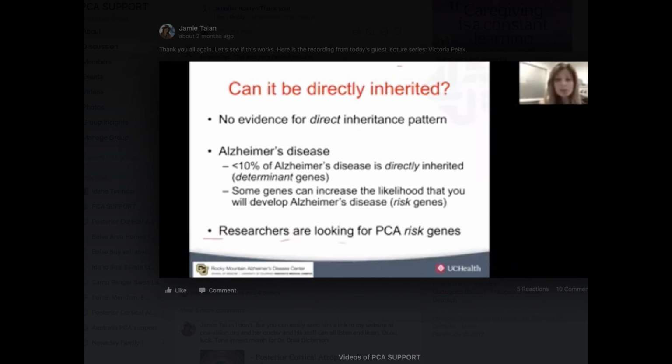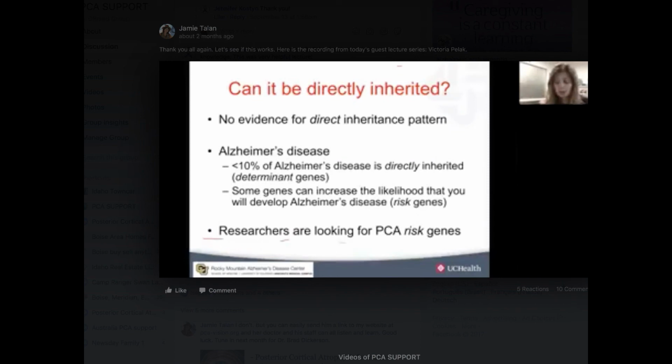But there are risk genes that we may one day be using because we want people to be diagnosed much earlier, before they develop a lot of symptoms or even any symptoms. So when we look into the future, we may have risk genes, but at least in the near future, we're not going to use genetic tests to make the diagnosis.